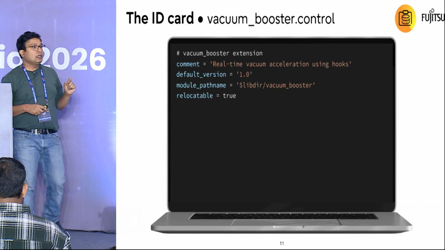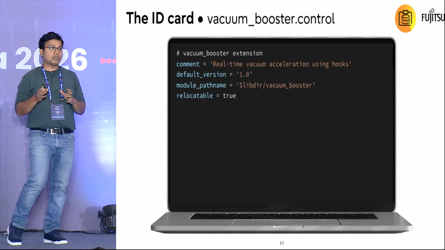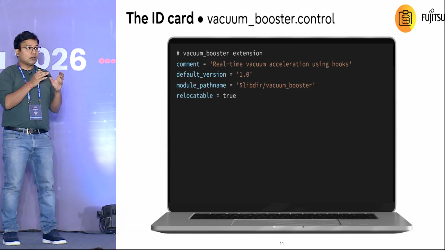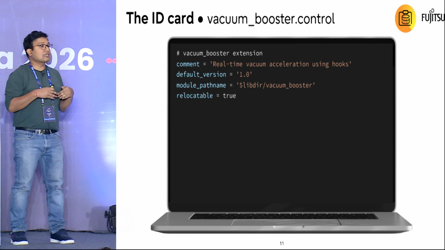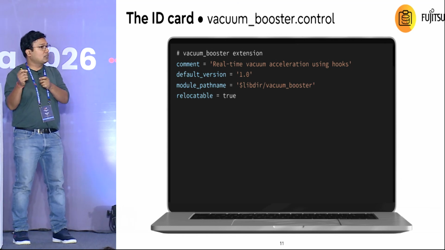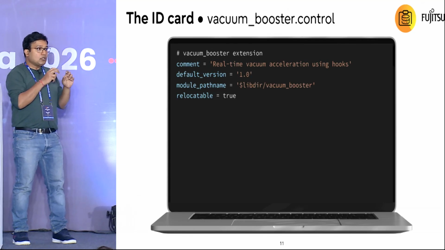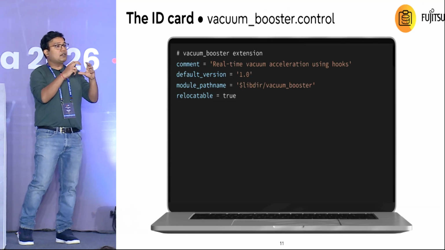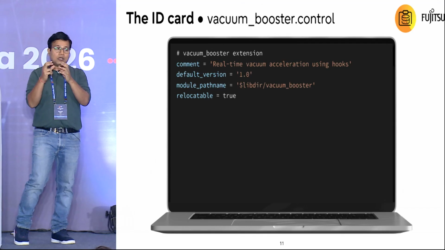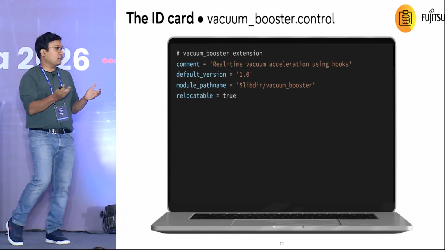It means that by default, when your extension gets loaded to your system, or somebody has installed your extension using the create extension command, so create extension vacuum booster, the vacuum booster provides a list of interfaces to the user in terms of tables, views, or procedures, whatever they have implemented.